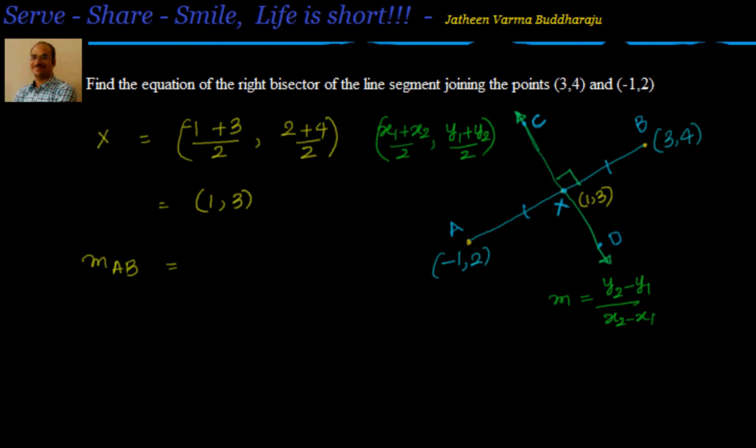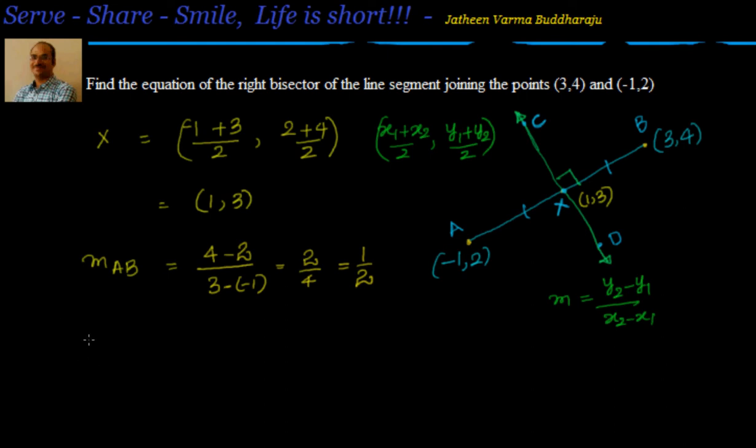So M of AB is equal to (y2 minus y1), that is 4 minus 2, by (x2 minus x1), that is 3 minus of minus 1, that's equal to 2 by 4, that is equal to 1 by 2.